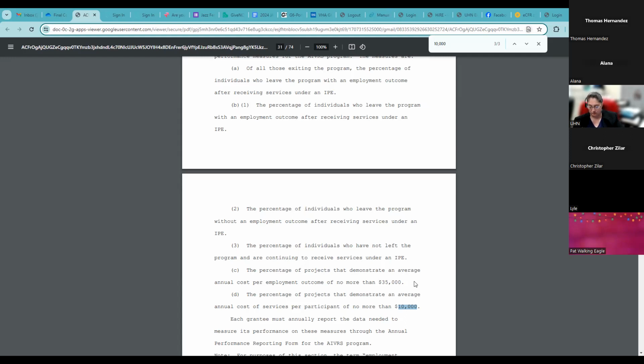It also means 350,000 divided by 10,000 is 35, how many people you would serve in an IPE. So if you are asking the feds for $350,000, you're going to serve at least 35 people in an IPE, and close at least 10 successfully.